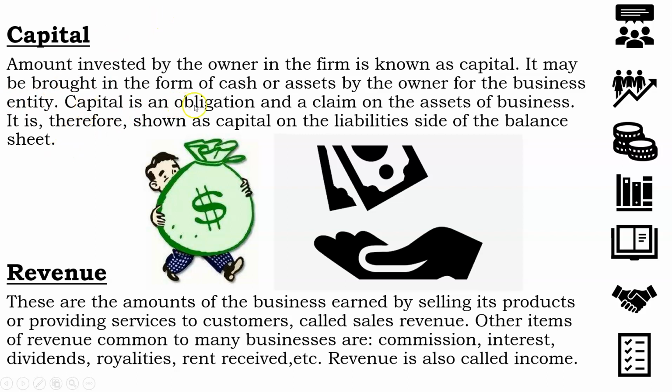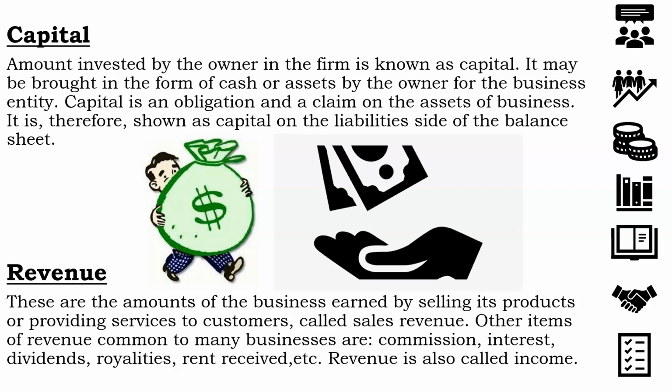Next line. Capital is an obligation and a claim on the assets of the business. Now, a business entity in the eyes of law is a separate person from the owner. We cannot say that an owner and the business entity that he has created are the same person. No, they are different. So when we make the financial statements of the business that we will study later on, that is the balance sheet and the profit and loss account, in the balance sheet we maintain the assets and the liabilities of the business entity.